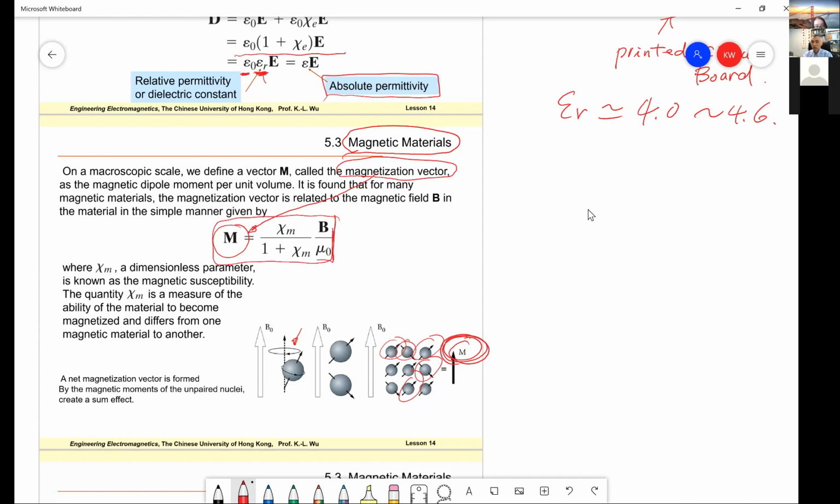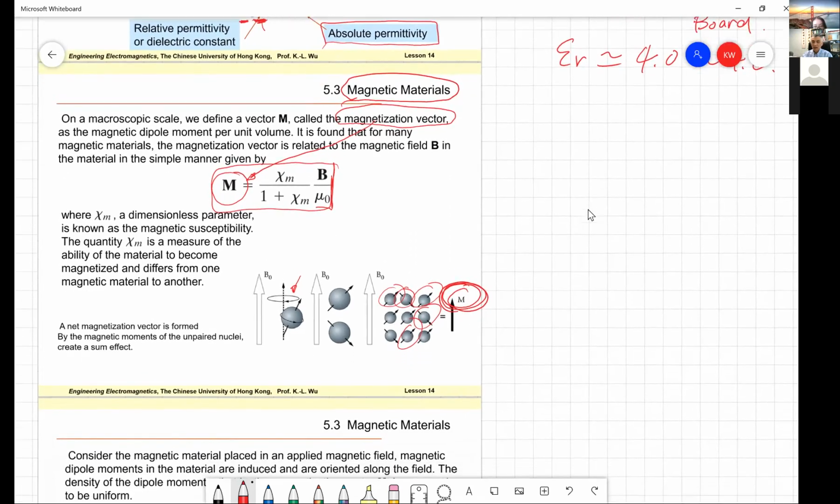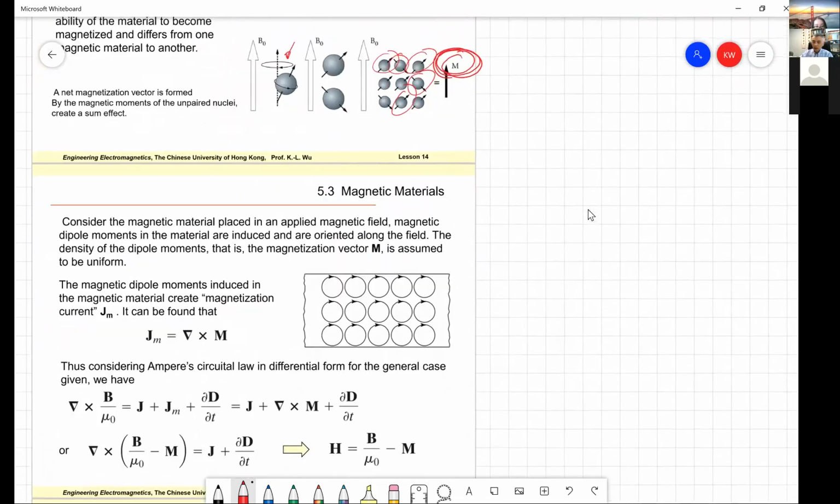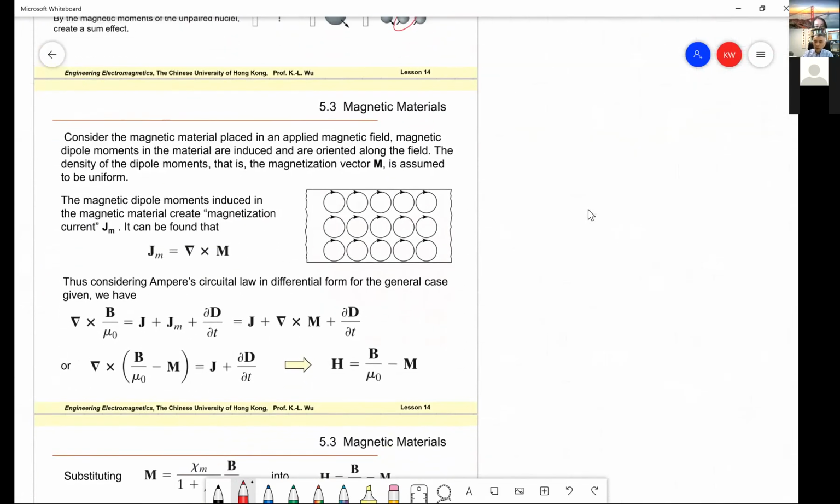This is proportional to the original B in this form, and also because this M is the same quantity as H, the curl of this is proportional to the current density.